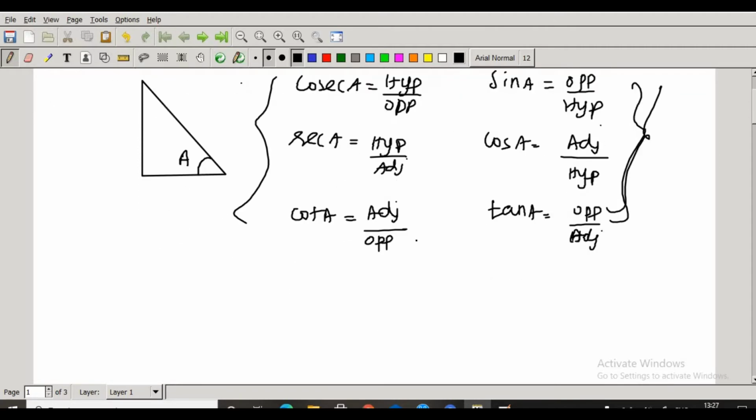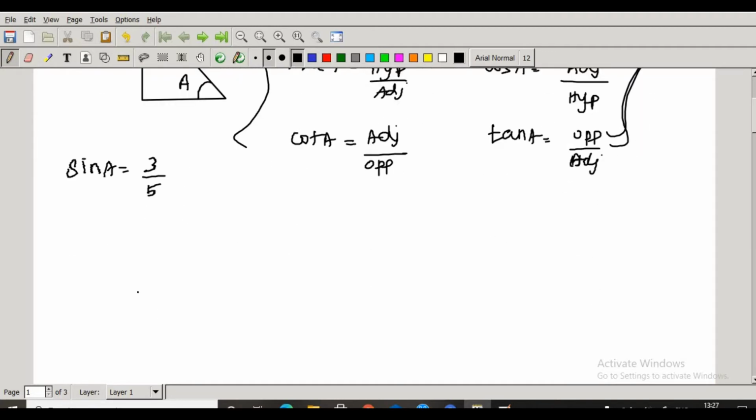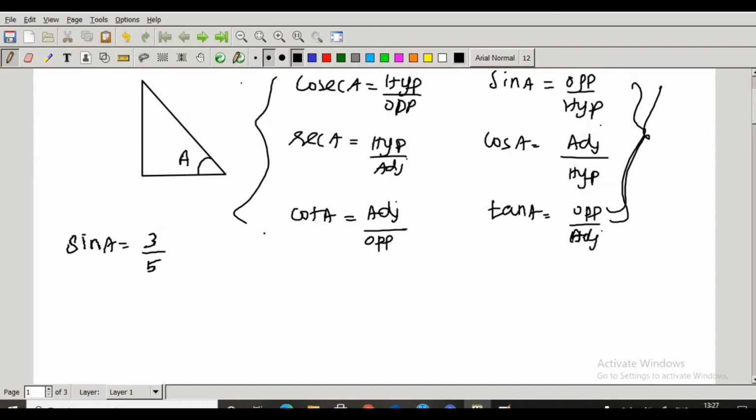Now let's get into the actual problem. They have given that sin A is equal to 3/5. Comparing it with the formula sin A equals opposite divided by hypotenuse, by comparison we get opposite equal to 3 and hypotenuse equal to 5.